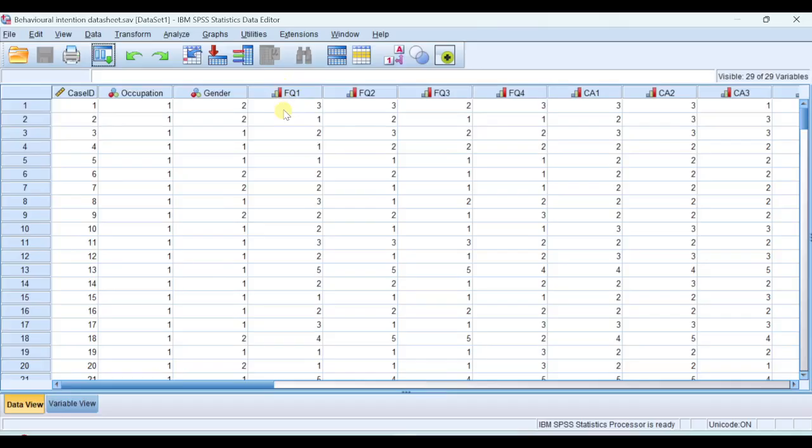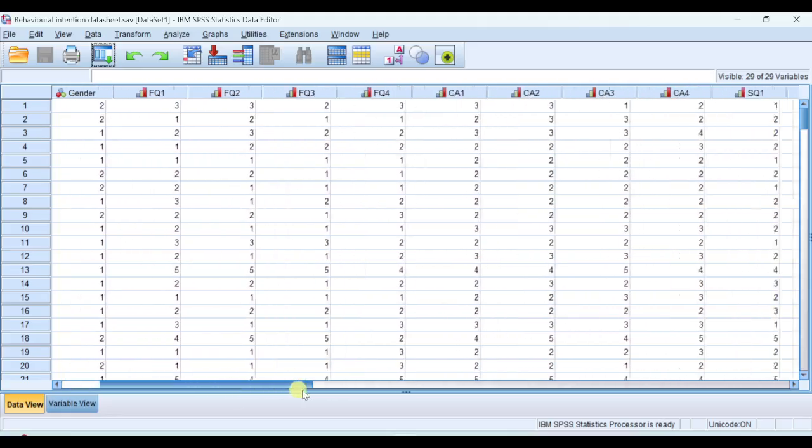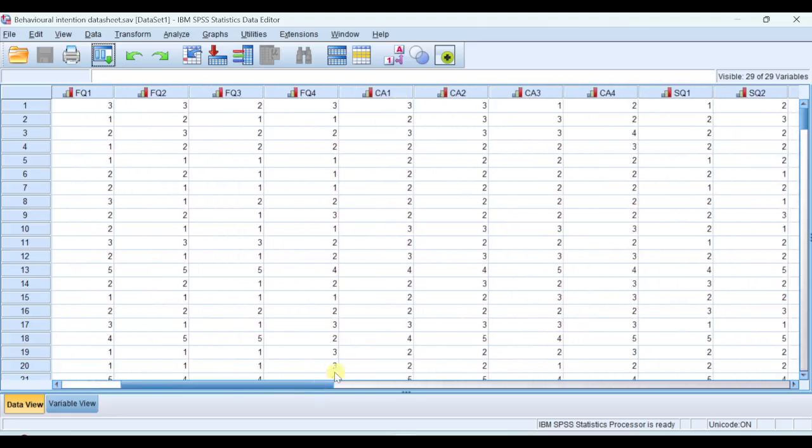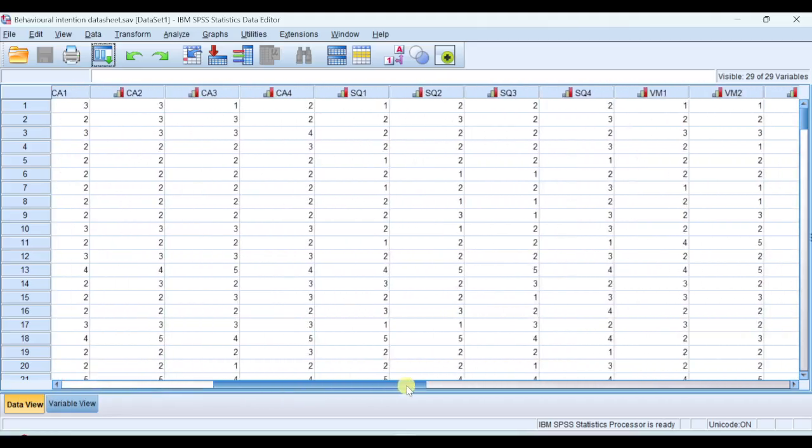through all the examples. FQ stands for food quality. This variable has 4 indicators, each measured on Likert 5-point scale, where 1 stands for strongly disagree, 3 for neutral, and 5 for strongly agree. The second variable is cultural authenticity, CA, again 4 indicators.